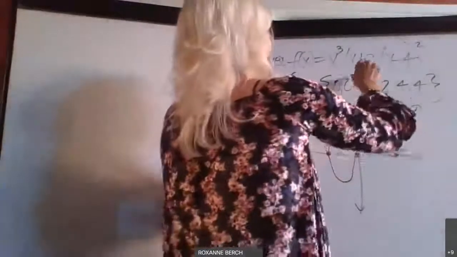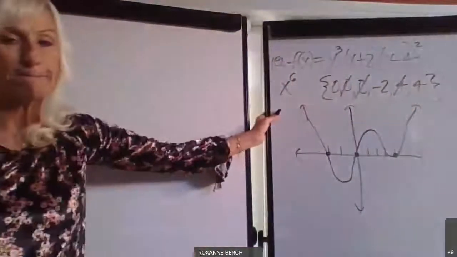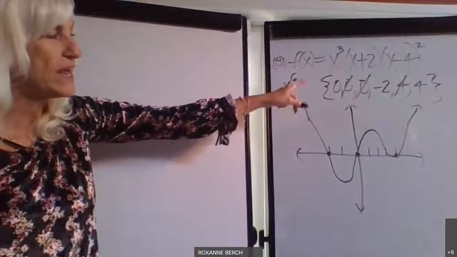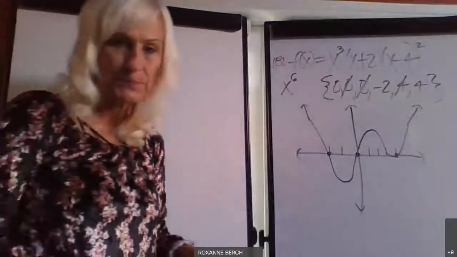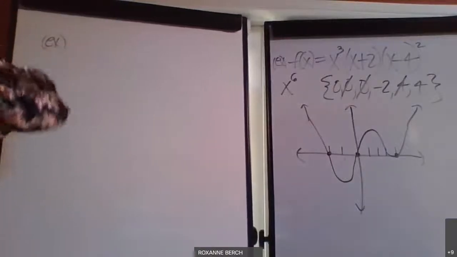Now, when you write this, you don't include these, but I left them up there to show you the multiplicity. So you could write 0 has a multiplicity of 3, negative 2 has a multiplicity of 1, and 4 has a multiplicity of 2. Let's do another problem.